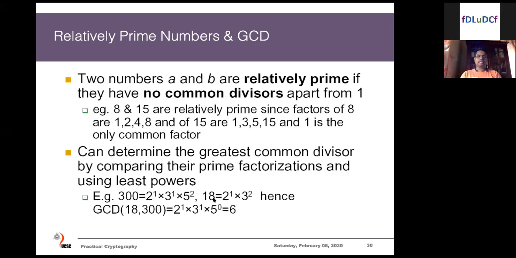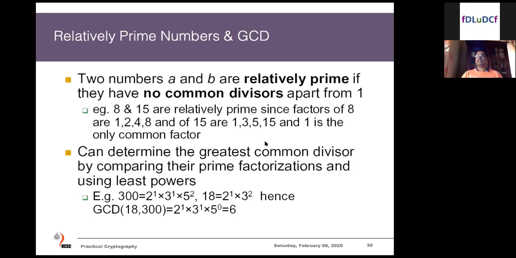When you take 18, 2 and 3 are the prime factors of 18. So they have common prime factors, right? So 300 and 18 are not relatively prime numbers.